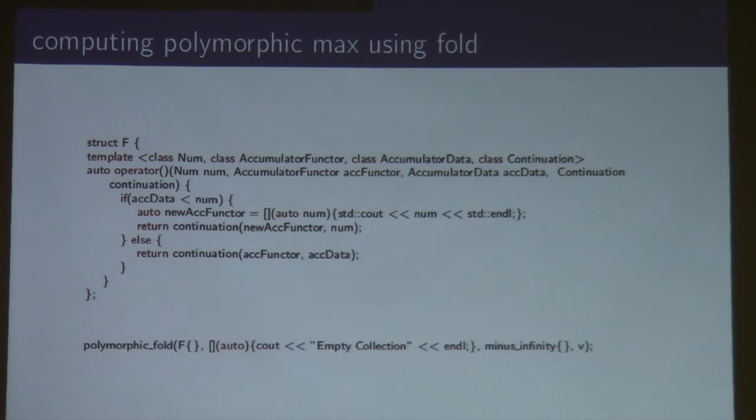And we can call it. So we call our polymorphic fault. We provide this functor. We provide the boundary condition, so here we just print that the collection is empty. We provide this special element which is smaller than everything. So what's the type of minus infinity? The type of minus infinity is minus infinity.